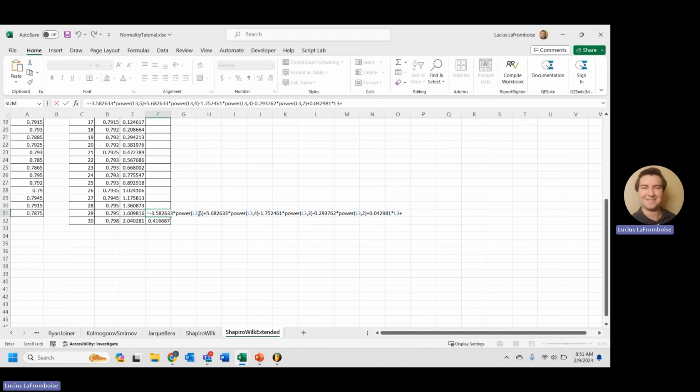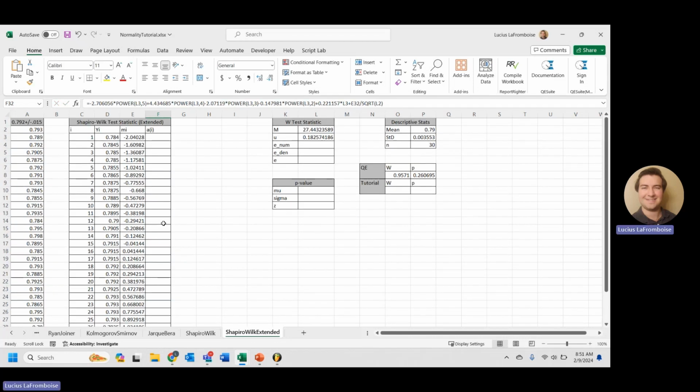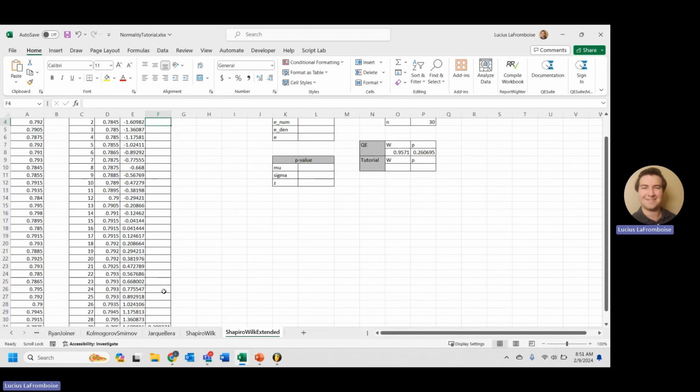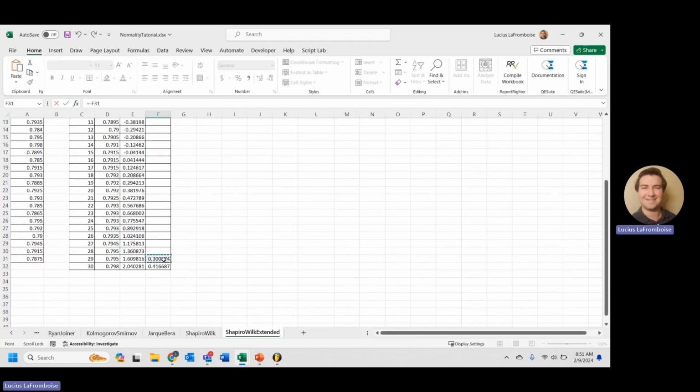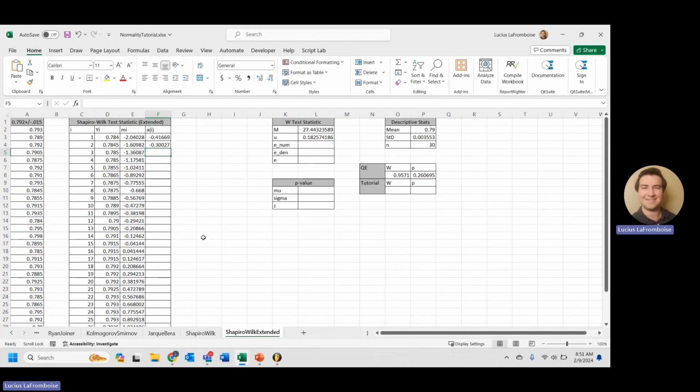And this time our final term is going to be M of N minus 1 divided by square root of, we're going to do L2 because we know that is our capital M value. And there we go. Okay, so now that we have AN and AN minus 1, we can do A of 1, which is just negative AN. Then we're going to do negative AN minus 1 to get A2.